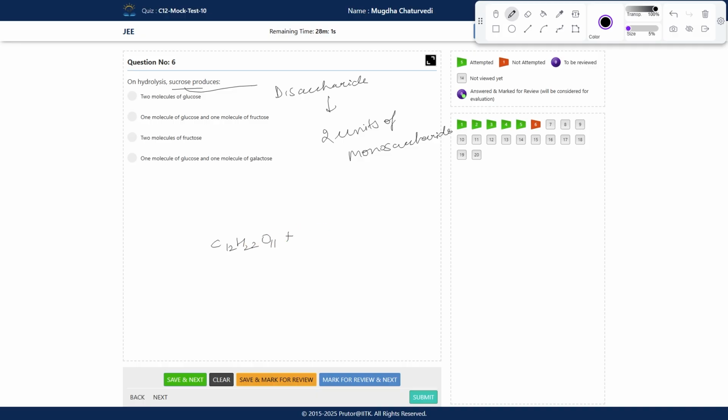When we react it with water in the presence of an acid, it yields 1 molecule of glucose, which is C6H12O6, and another molecule of fructose. Both are aqueous, and sucrose is solid. So on hydrolysis, sucrose produces 1 molecule of glucose and 1 molecule of fructose. The right answer will be option number B. Now let us move on to the next question.